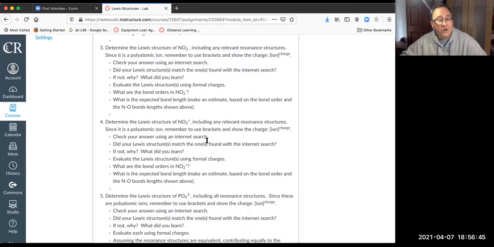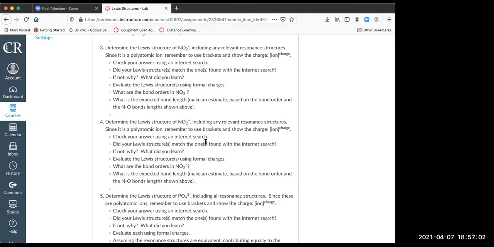Okay, so NO2 negative 1. Before we get too far ahead of ourselves, how many electrons do you have? 18. Okay, that's what I have too.